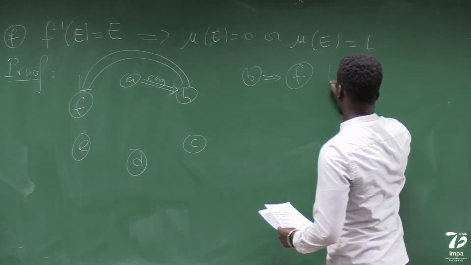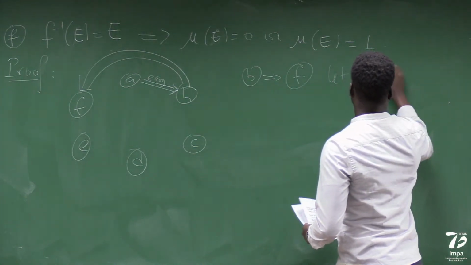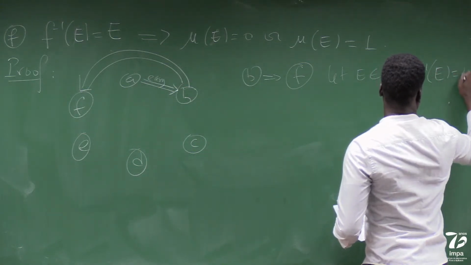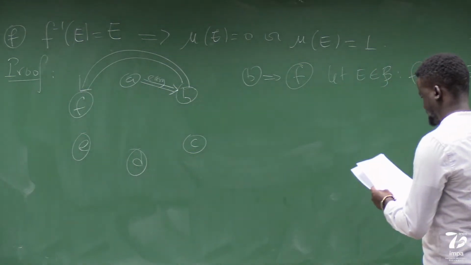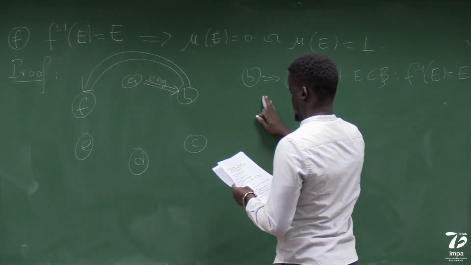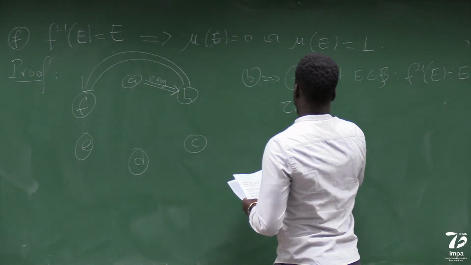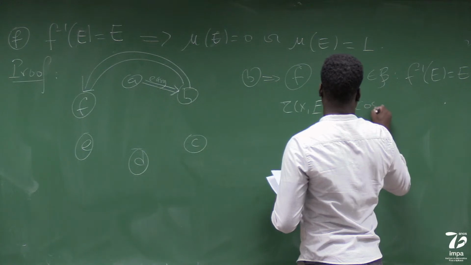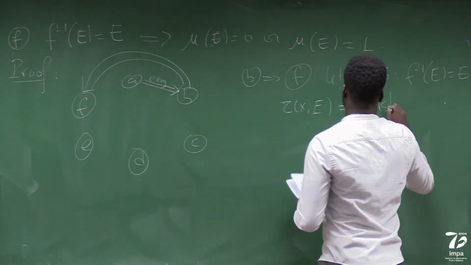So let E be a set such that f minus 1 of E equals E. So B tells me that tau x of E equals a constant.